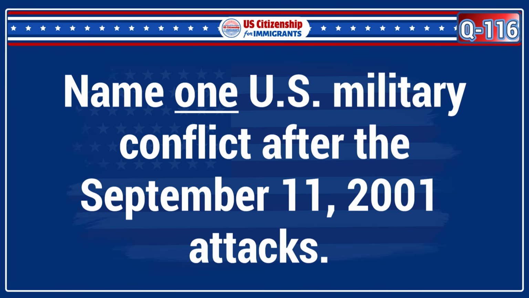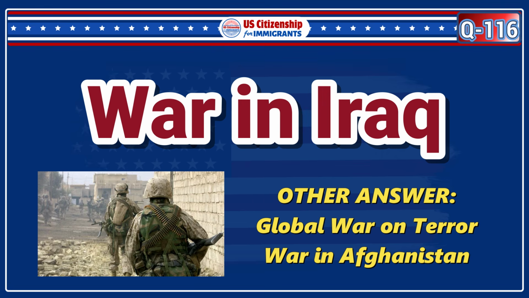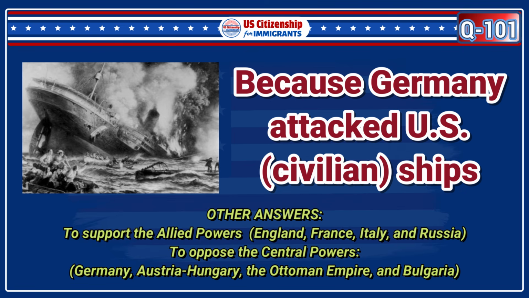Name 1 U.S. military conflict after the September 11, 2001 attacks. War in Iraq. 101. Why did the United States enter World War I? Because Germany attacked U.S. civilian ships.